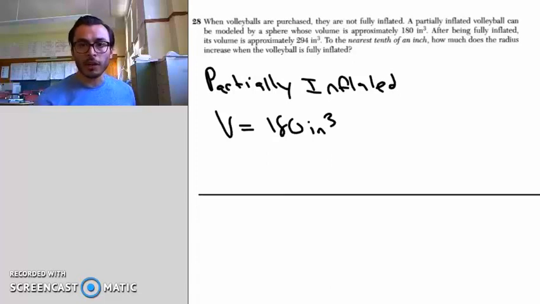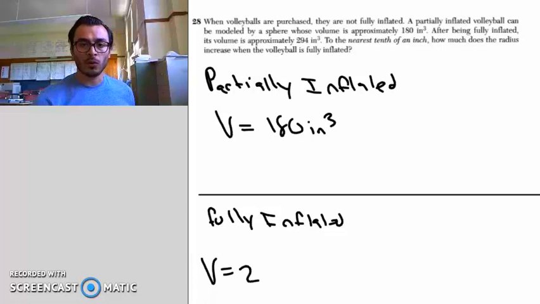And then the fully inflated one, yep, it uses that terminology, fully inflated. What's it say? It's got a volume of 294 cubic inches. This question is looking at the radius, right? How much does the radius increase?